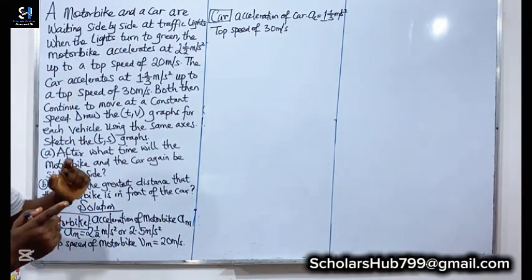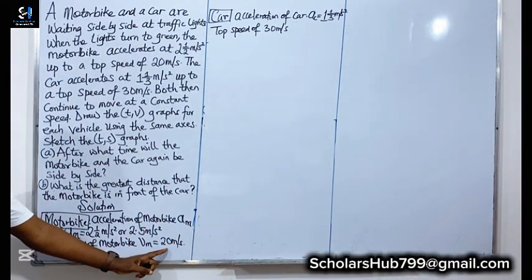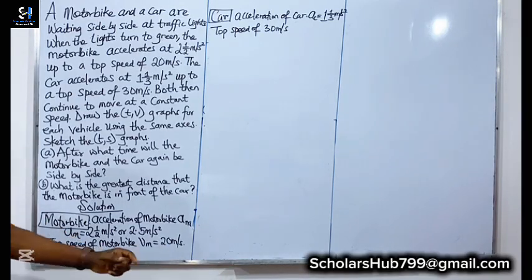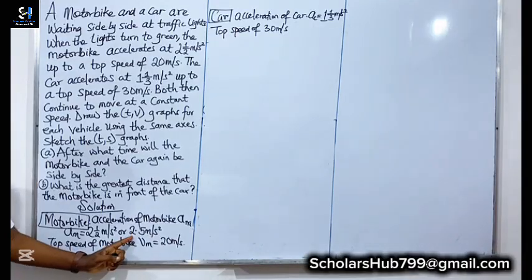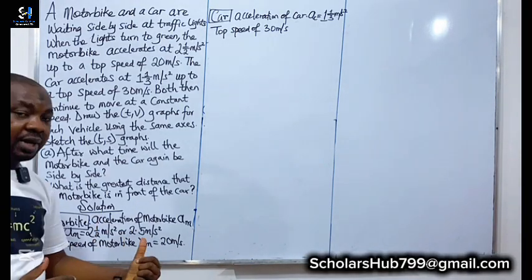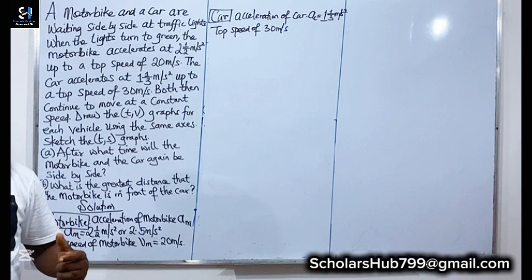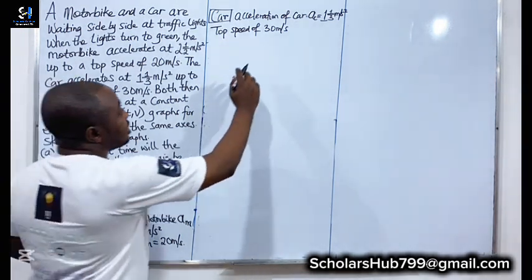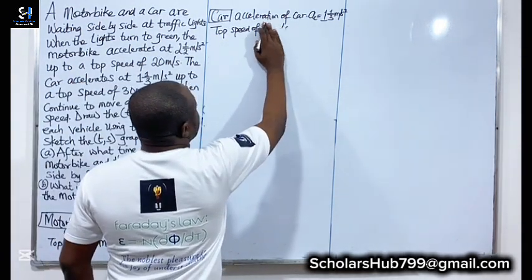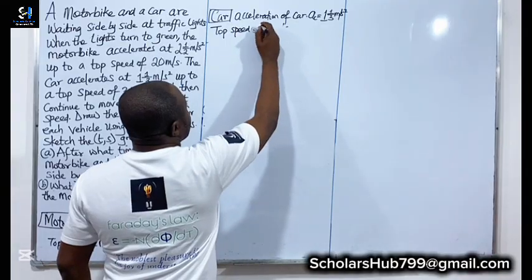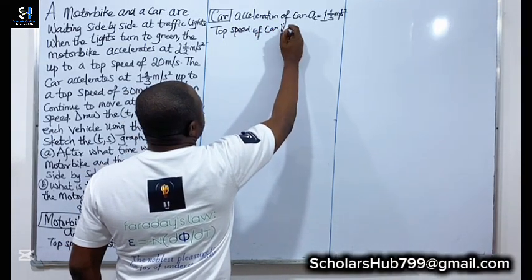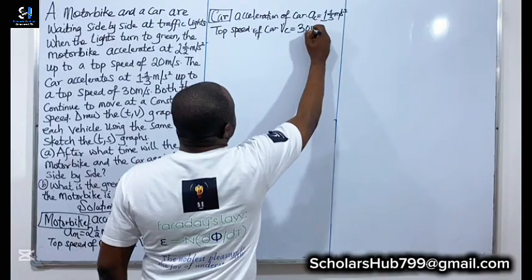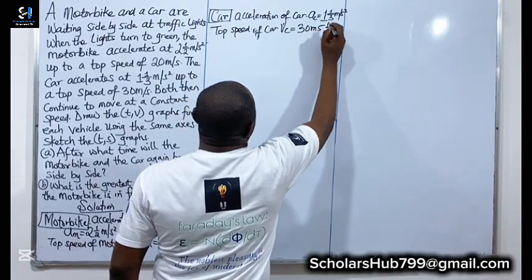For the motorbike, the top speed is 20 meters per second. We also need to calculate the distance during acceleration of 2.5 meters per second squared, in the case of the motorbike. Then we do the same thing in the case of the car, where the top speed of the car is 30 meters per second.